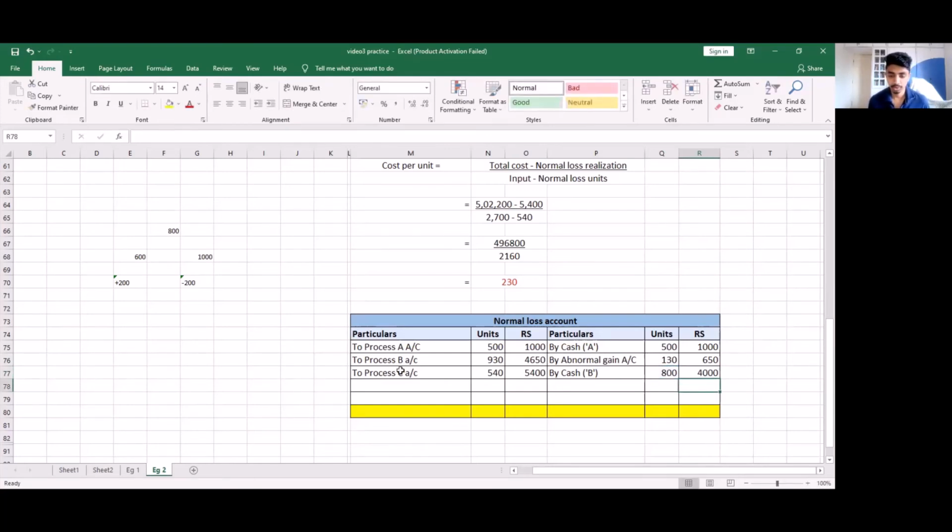And finally, for process C, we will take the entire value because this is the case of an abnormal loss, and we will realize the entire cash value for our normal loss.